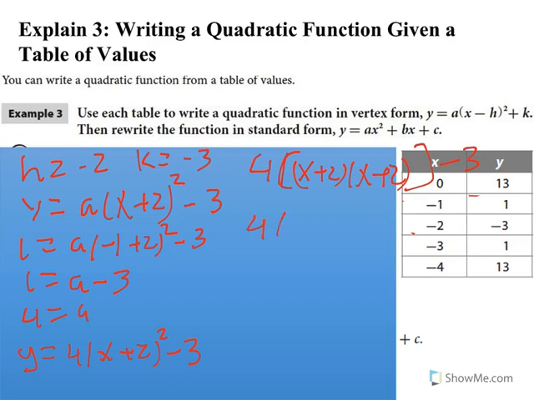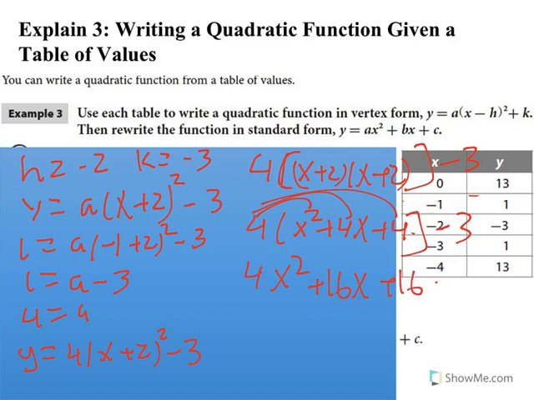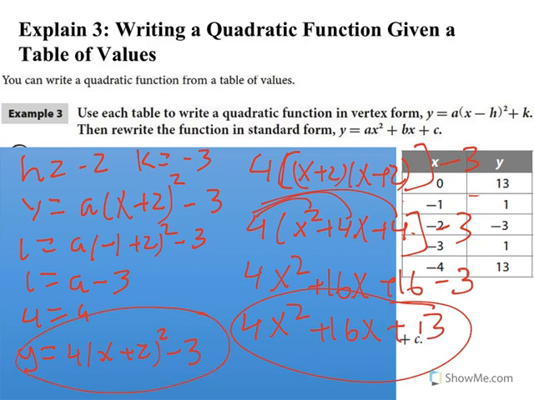So 4 and then FOIL this out, that gives us x squared plus 4x plus 4, minus 3, and distribute the 4 in. So that gives us 4x squared plus 16x plus 16 minus 3. So that gives us 4x squared plus 16x plus 13. Okay, so this is our standard form, and this is our vertex form.